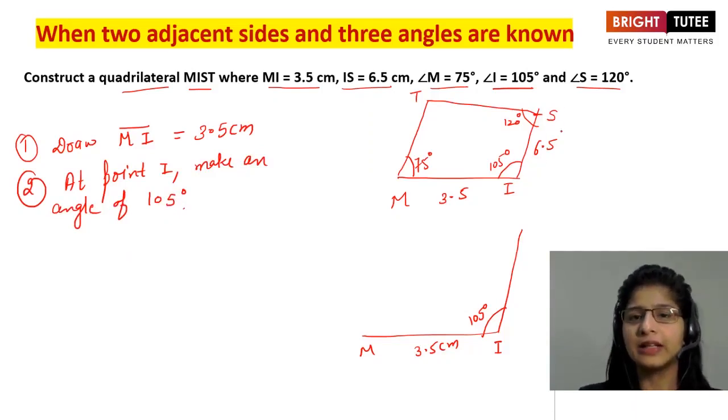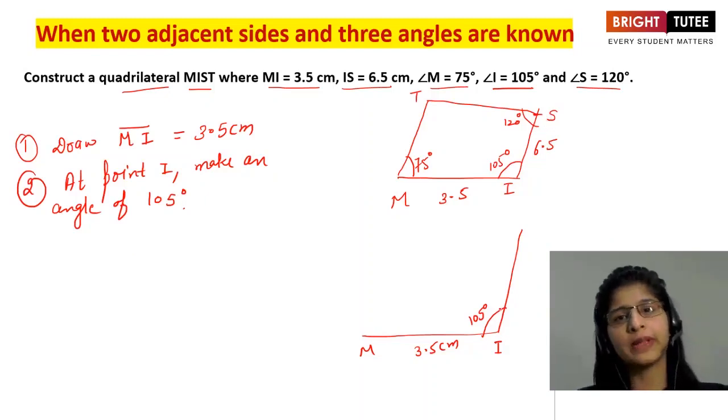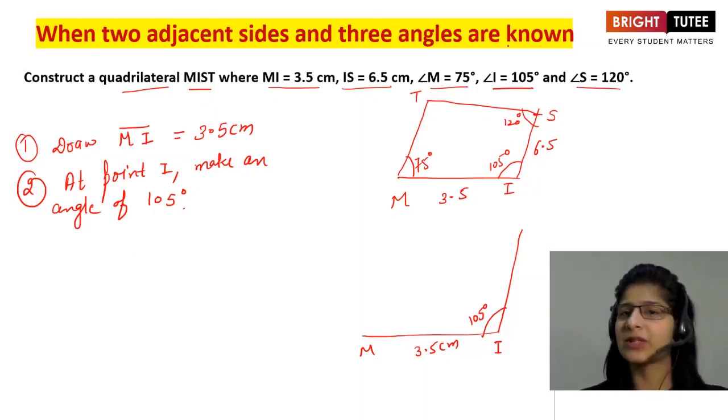After this, we know that IS is 6.5. So to get that point S, from point I, we will open the compass to a radius of 6.5 centimeters and make an arc on this ray.